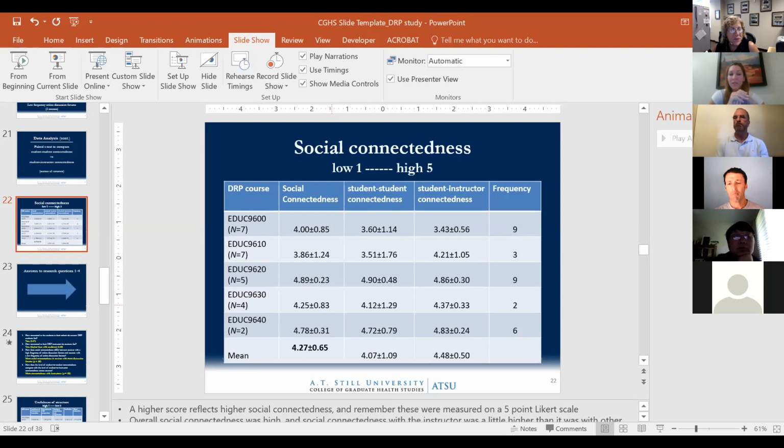One thing for sure I would consider is, because of this somewhat significant change between the high frequency and then the low frequency, and then high, low, maybe actually adding some discussions into the second and fourth courses, because I think the social connectedness is really valuable.